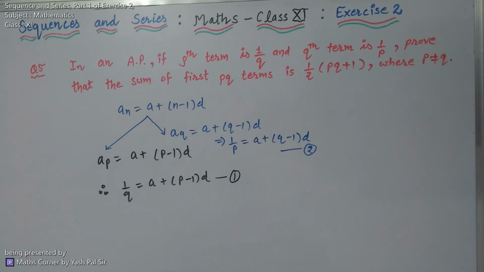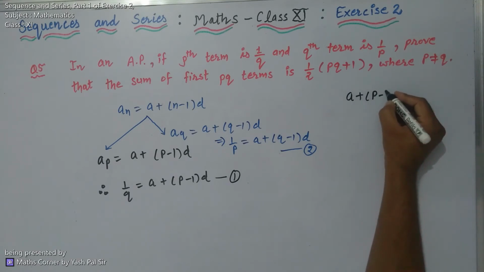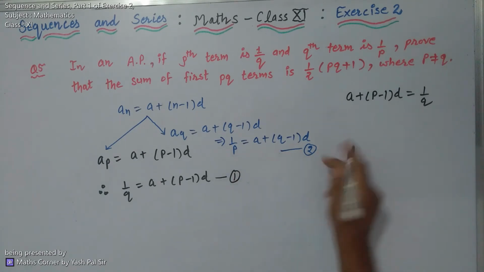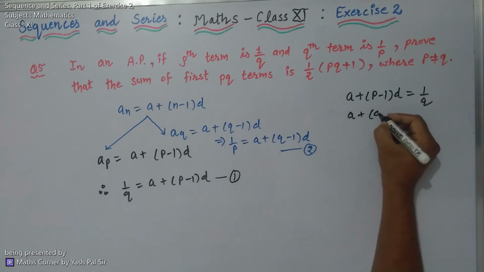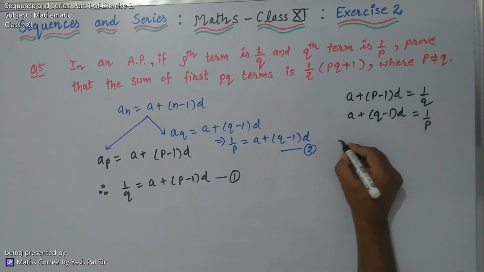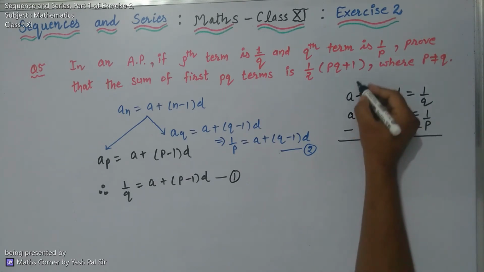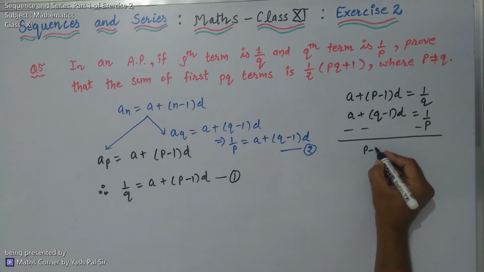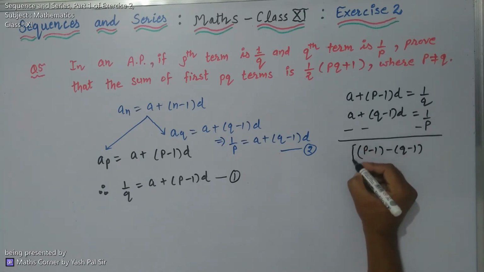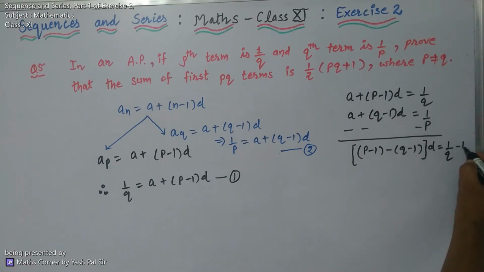Now we solve these two. That is, number 1 says a plus p minus 1 into d is equal to 1 upon q. Number 2 says a plus q minus 1 into d is equal to 1 upon p. Now subtracting, this becomes minus, minus, minus. A cancelled, so we have p minus 1 minus q minus 1 into d is equal to 1 upon q minus 1 upon p.